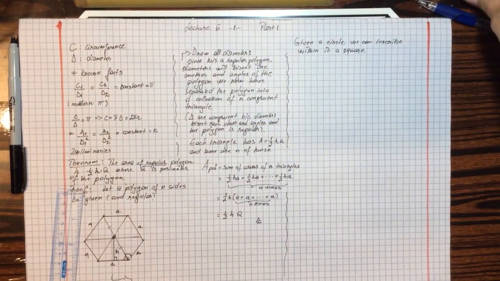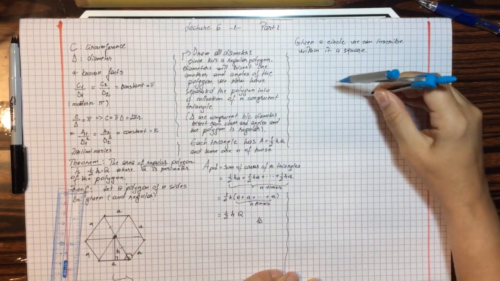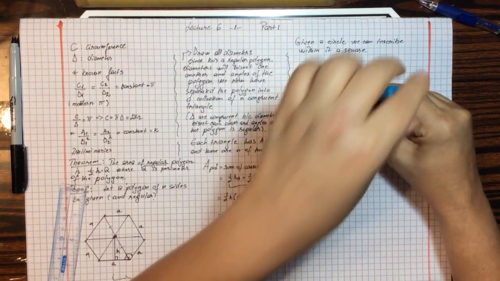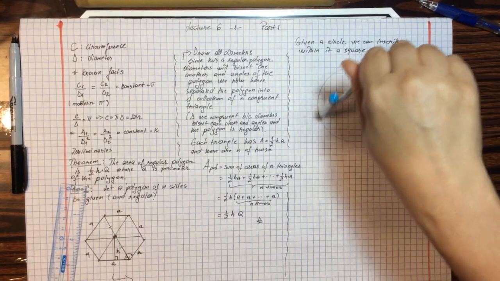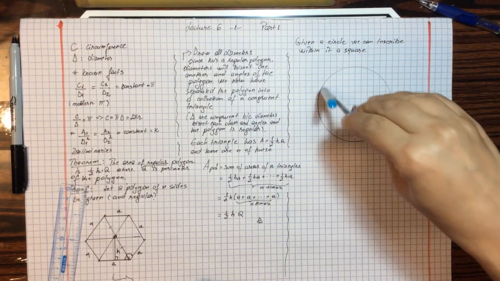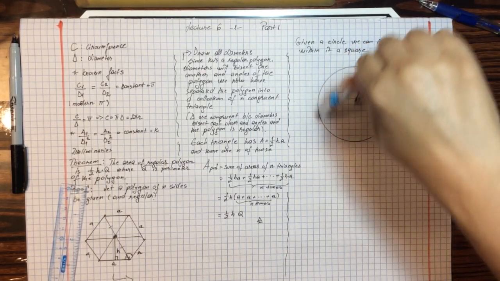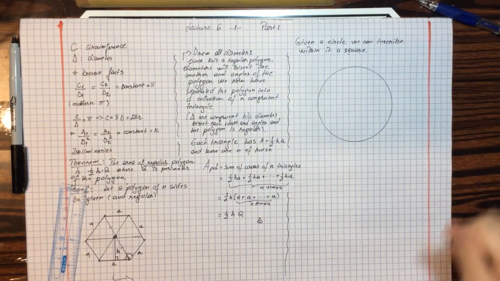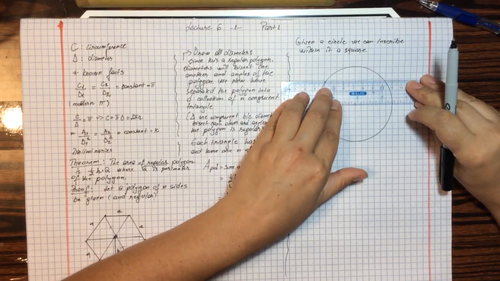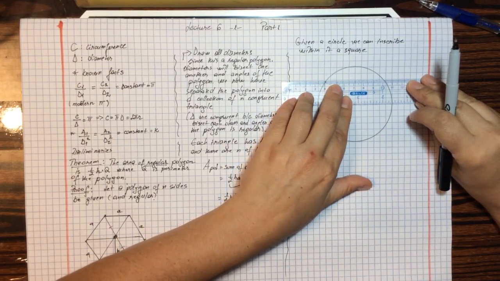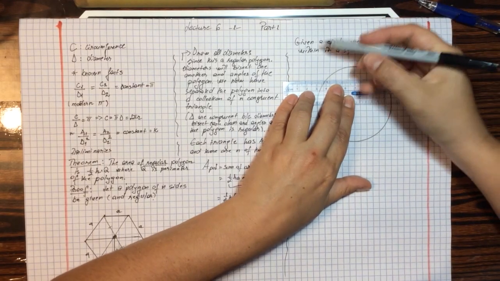So let me just do that. So I'm going to inscribe a square. Probably not perfect, but let's see.